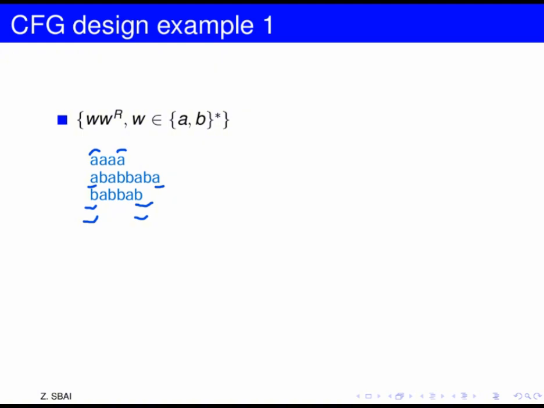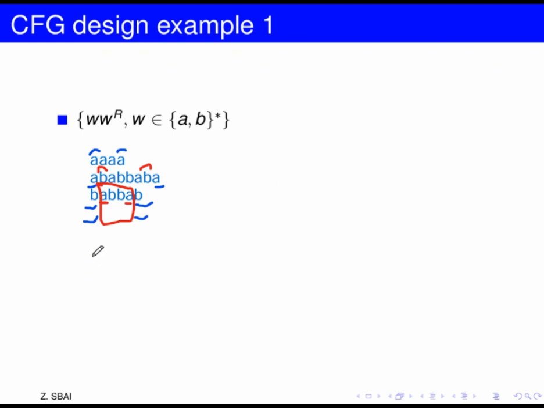And for the string in the middle, we can say that it follows the same pattern as the original string, and for it, the first symbol should also appear at the end, okay? For the second string, for example, if we have B here in the second position, we also have to find the B in the second to the last position, okay?